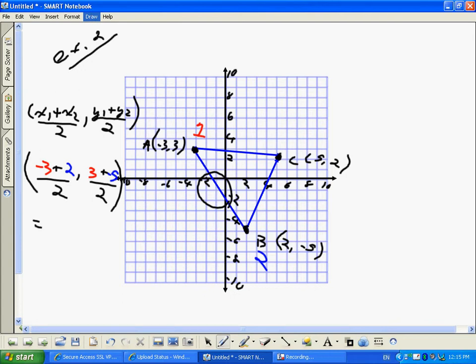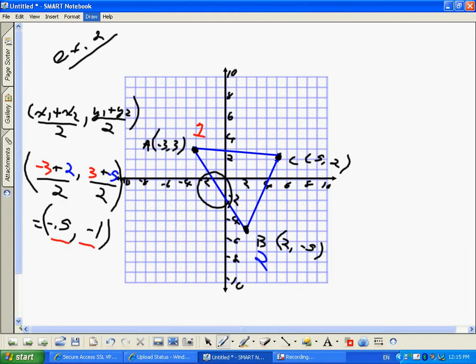So to find the midpoint, I add and divide. That's going to give me -0.5 as my x-coordinate, and -1 as my y-coordinate. So the midpoint between A and B on this triangle is -0.5 and -1.